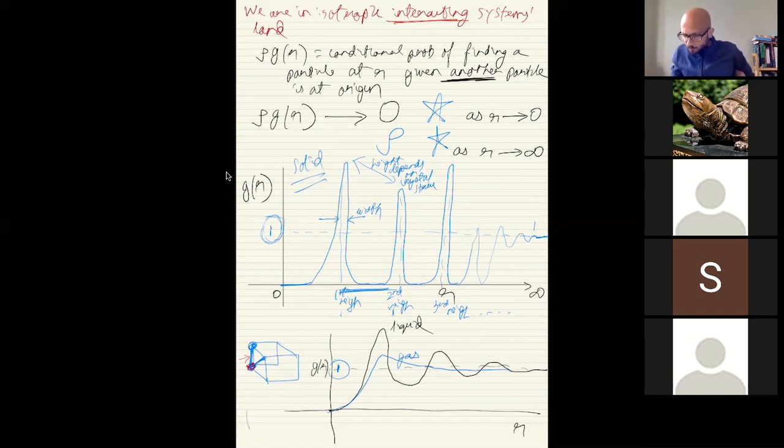Because for a simple cubic, if this is A and this is A, then you can complete the triangle and this is going to be square root 2A. But if you have a face-centered cubic structure, then the next neighbor is somewhere in the middle of the face, and the peak should happen at a smaller location. So you look at all this and conclude.